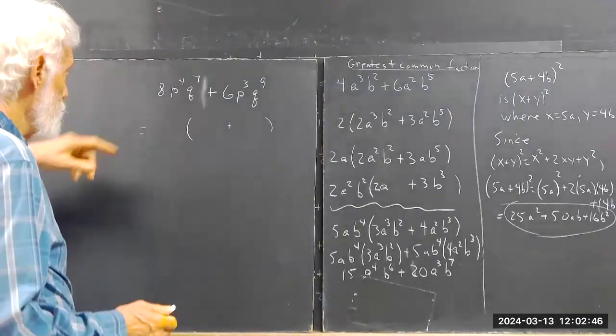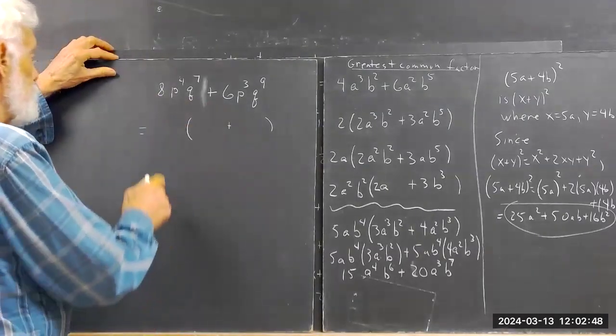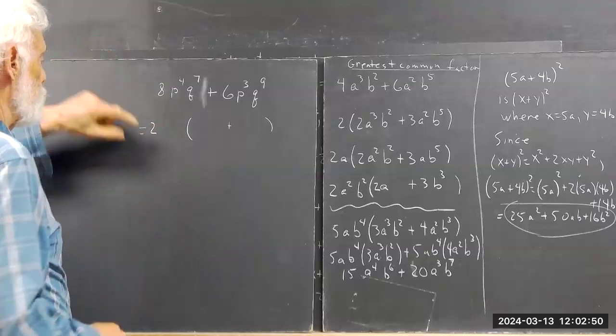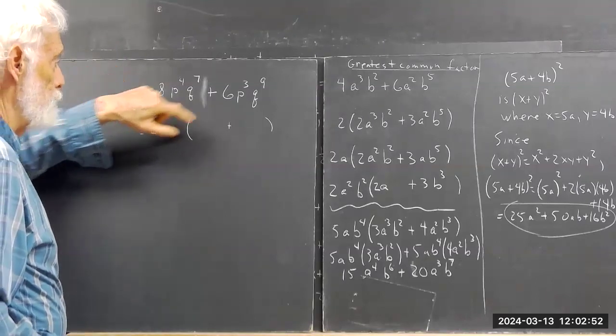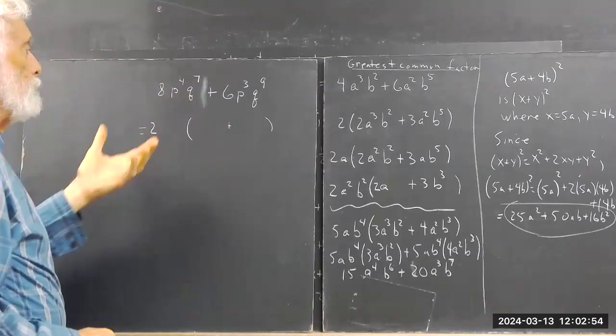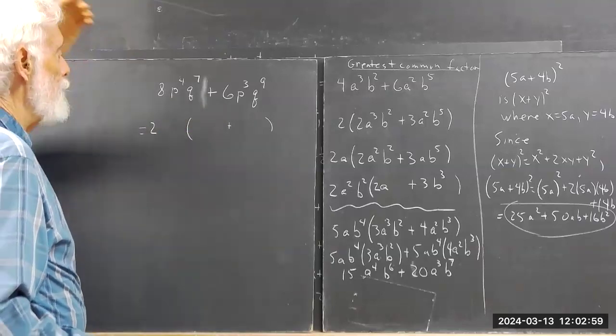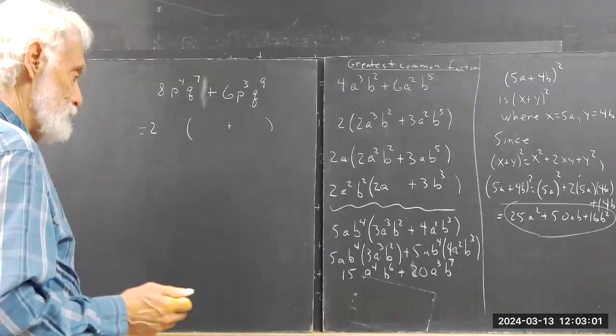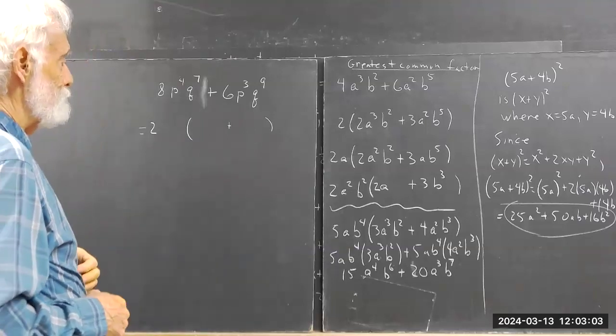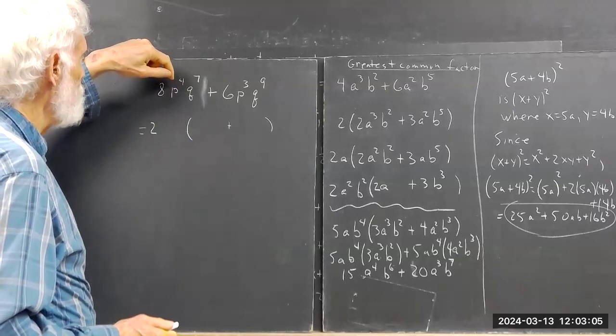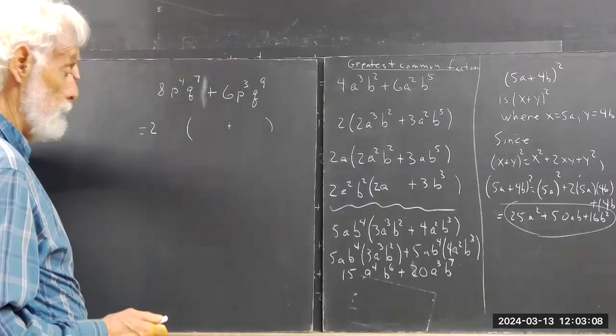Well, what number can we use here? Well, 2 is going to be the number. 2 divides 8 and 2 divides 6. And no bigger number divides both of these. So I'm going to have a 2 here. Now, the way to see this: what's the least power of P that you have between here and here?